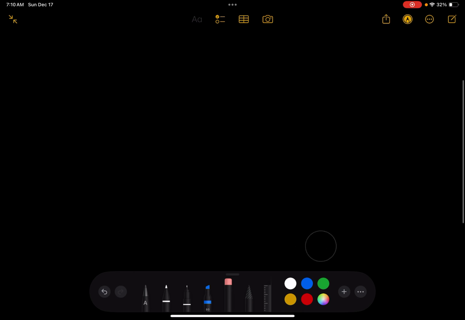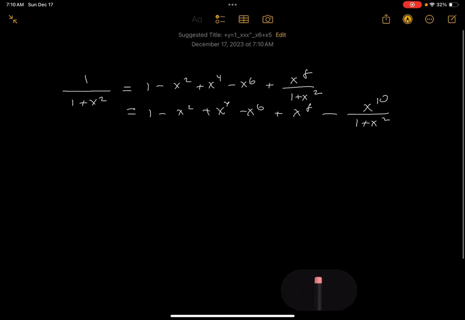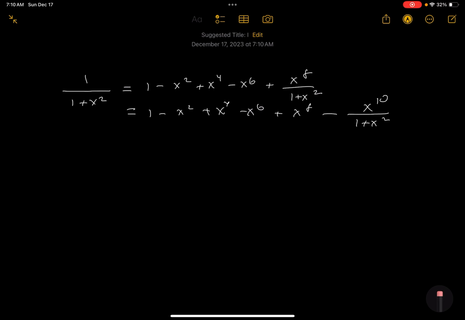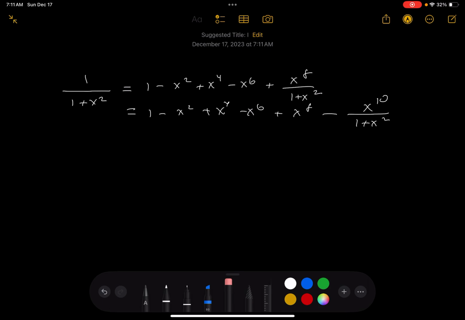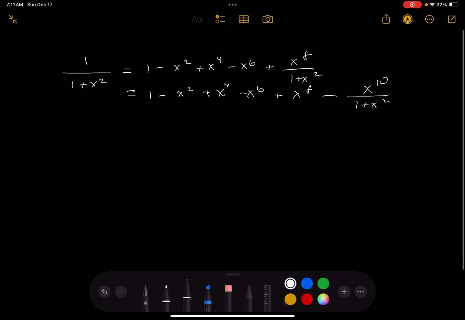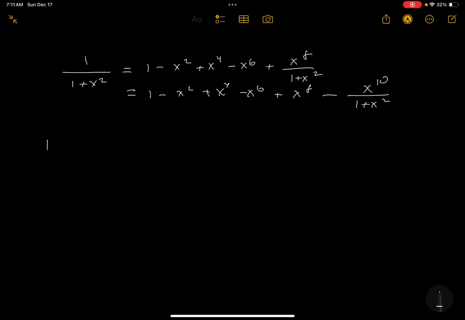Pull that up. And I know what I want, and I'll tell you what I want. Let's write this down. What do we want? We want to show, whoops, get my pen out again. I want to show 1 minus x squared plus x to the 4th minus x to the 6th is less than or equal to 1 over x squared plus 1.